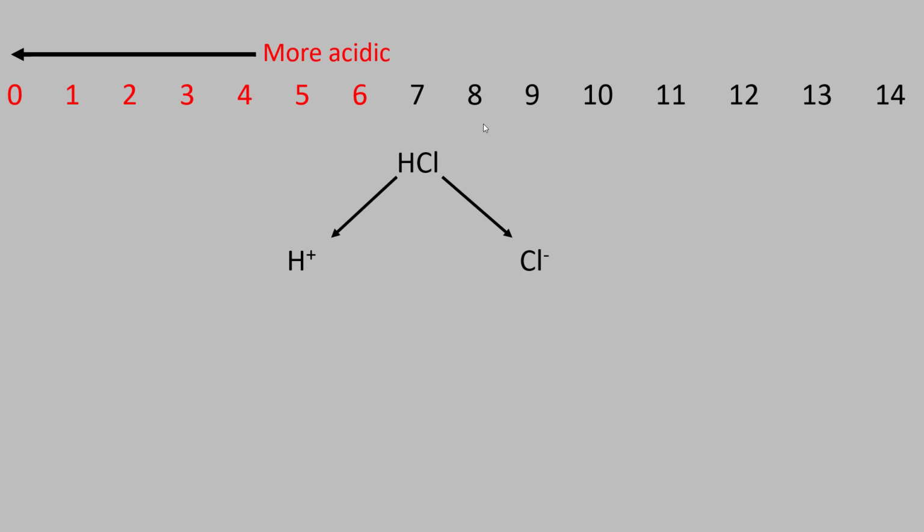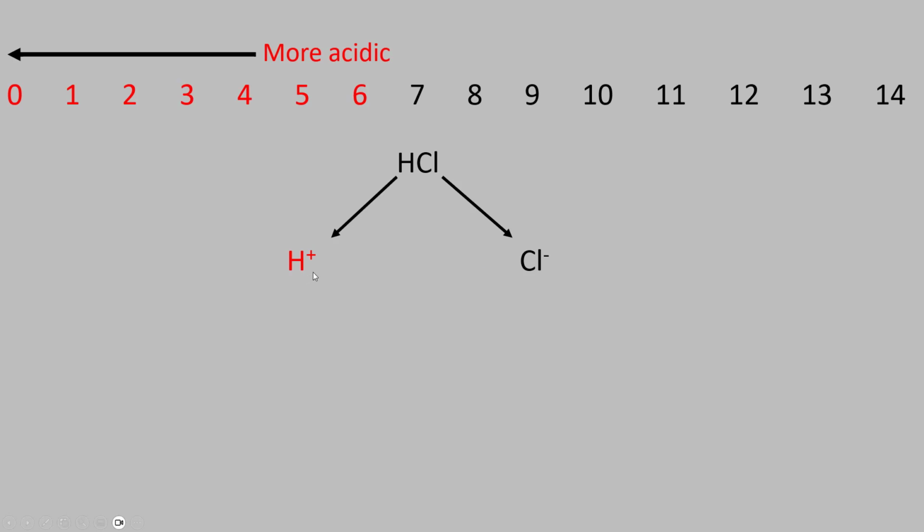And the thing that makes all acids the same is that when they dissociate in water, they dissociate into H plus and something with a negative charge. In this case, Cl minus. All acids dissociate in water into H plus and something with a negative charge.